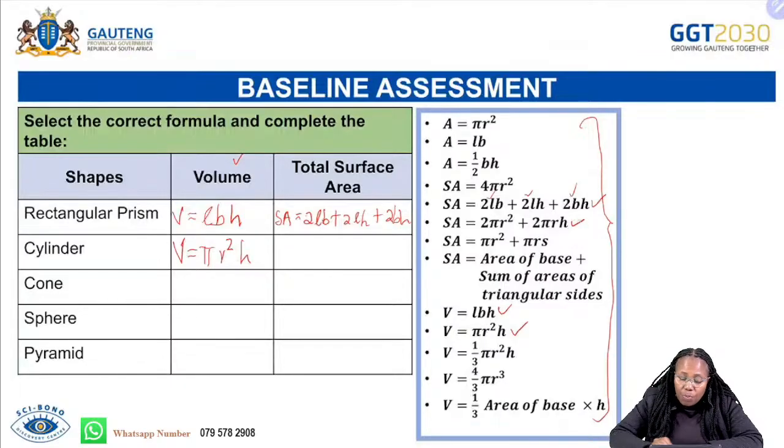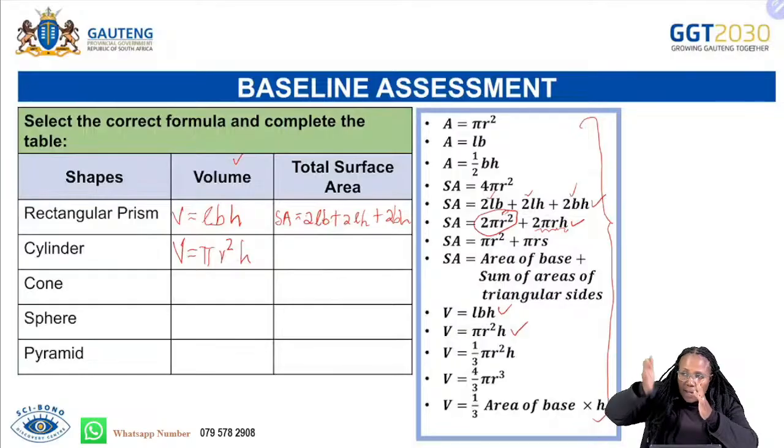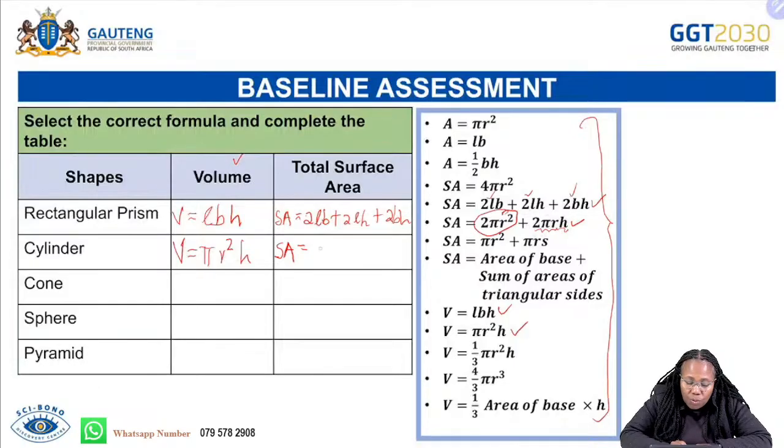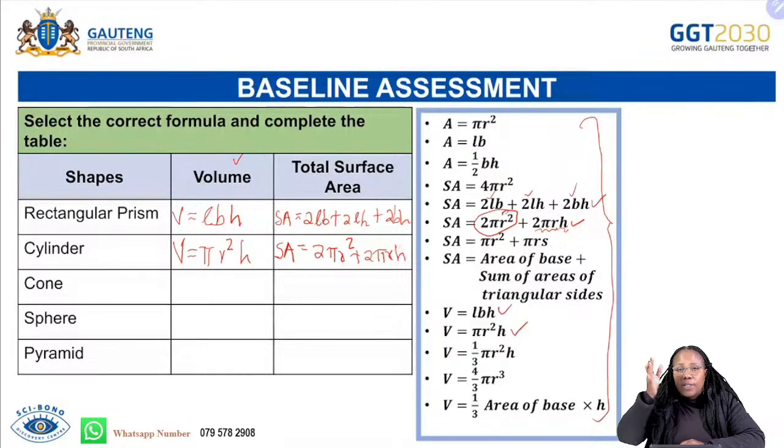That means the surface area will be 2 pi r squared for the 2 circles, plus 2 pi r h, for the circumference times the height of the rectangle that is formed.